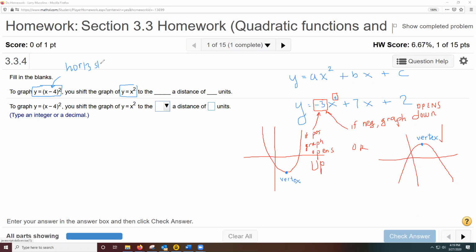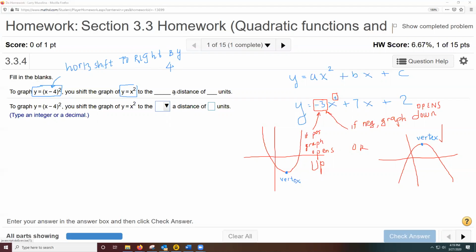And I replaced x with x minus 4. Now remember, this horizontal shift is kind of counter to what you might expect to happen. Because it's x minus 4, you might think the horizontal shift is to the left because it's a minus sign, but it's actually counterintuitive. So this is going to be a horizontal shift to the right by 4 units.